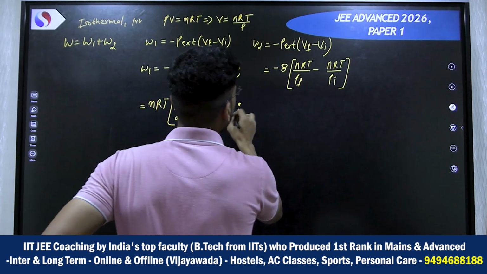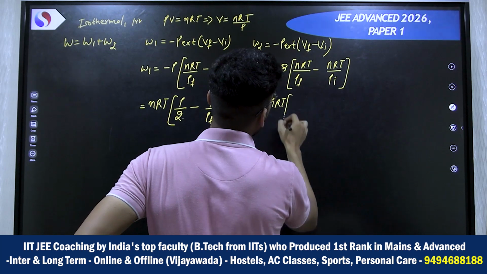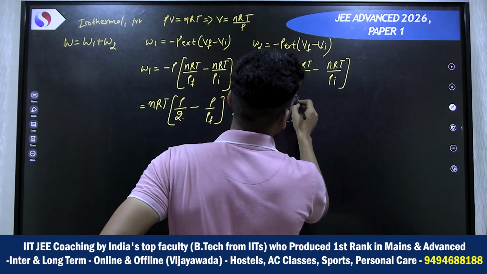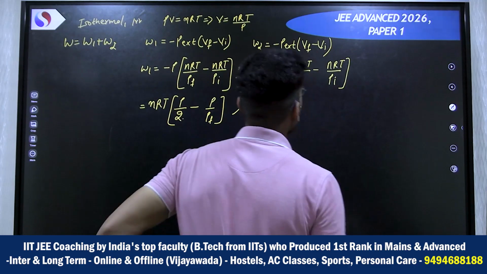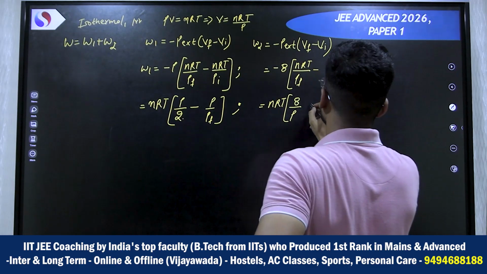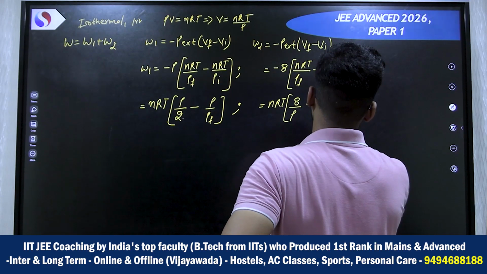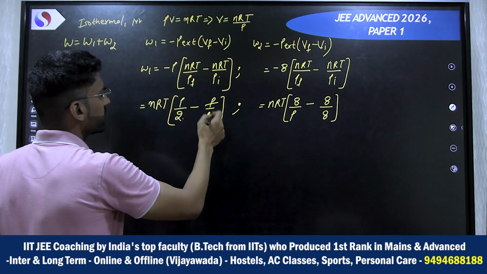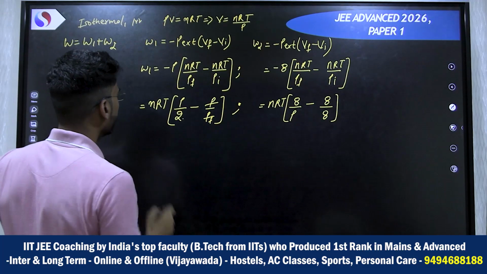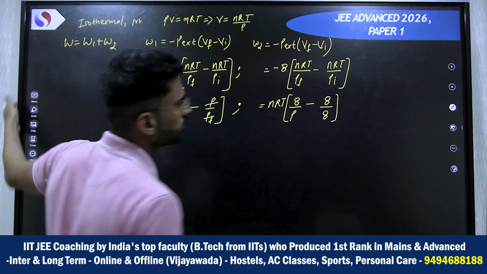Okay, next here also I can take common nRT outside. So it is 8 divided by P. P initial in this case is P only, minus 8 divided by final, it is also given, that is 8 only. P external and final is same, so it is 1. N is also given, so number of moles is given.